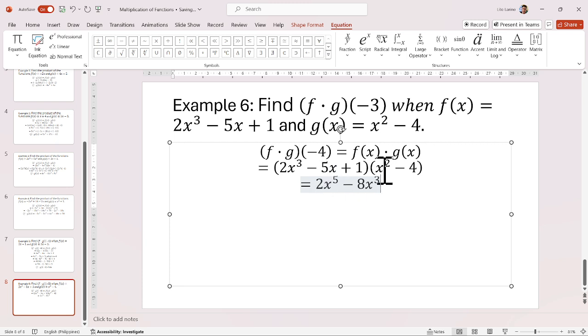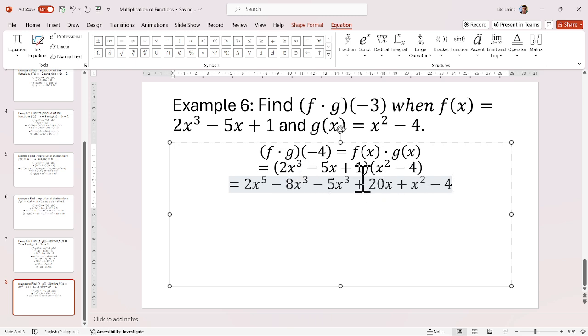Next, negative 5x times x squared is negative 5x cubed. Then negative 5x times negative 4 is positive 20x. And then the last term, 1 times x squared, we have plus x squared.